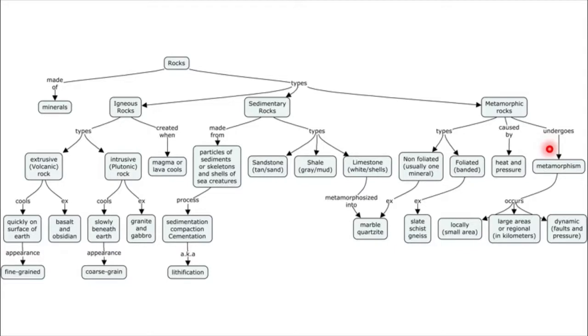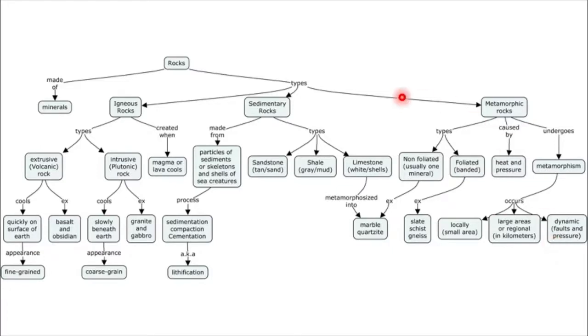Metamorphic rock undergoes the process we call metamorphism, and it occurs in three types. One is local or contact metamorphism that is found in a small area, usually around a magma chamber. Another type of metamorphism is over a large area. This is why it's called regional metamorphism, in terms of square kilometers, while dynamic metamorphism is due to faults and pressure.